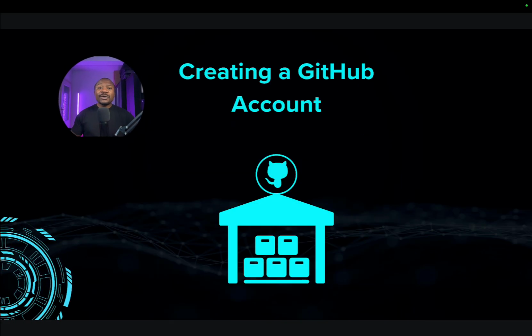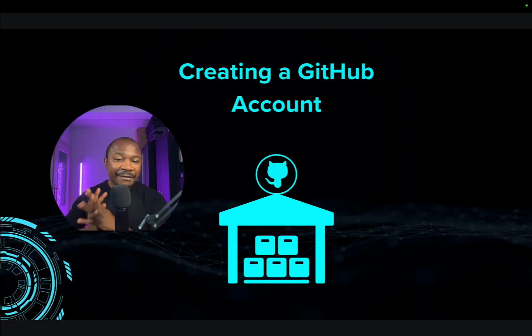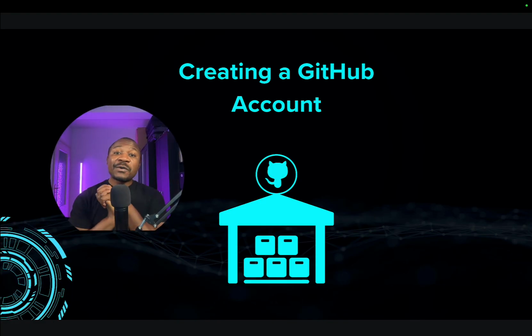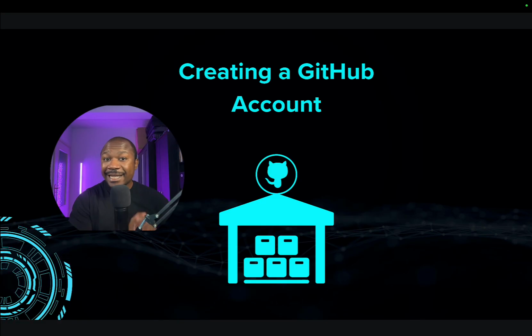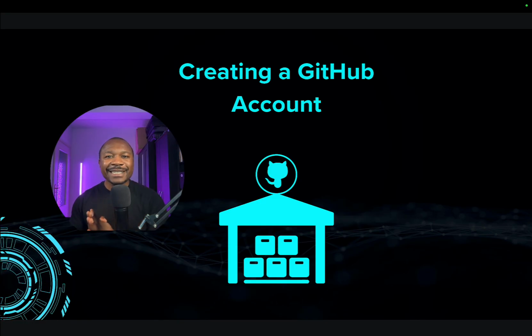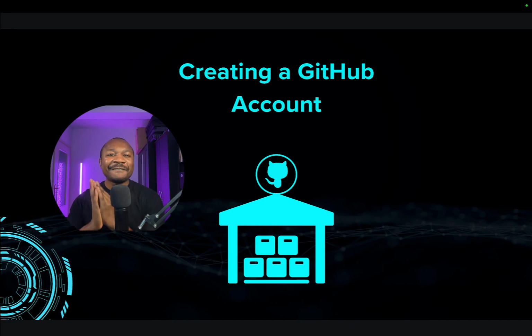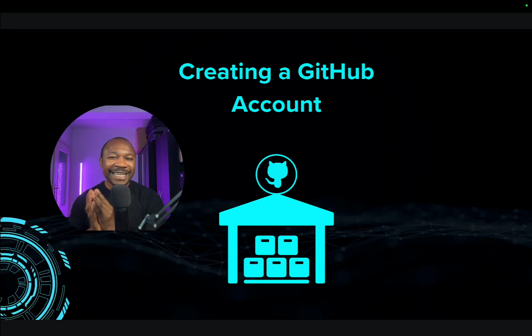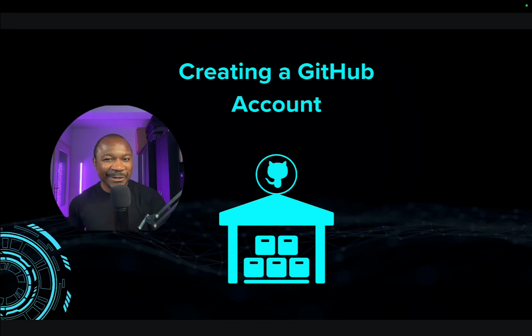So now that we know all about the benefits of having a GitHub account, we know what Git and GitHub and repository are, let's dive into the practical steps of creating our very own GitHub account. I hope you're with me.